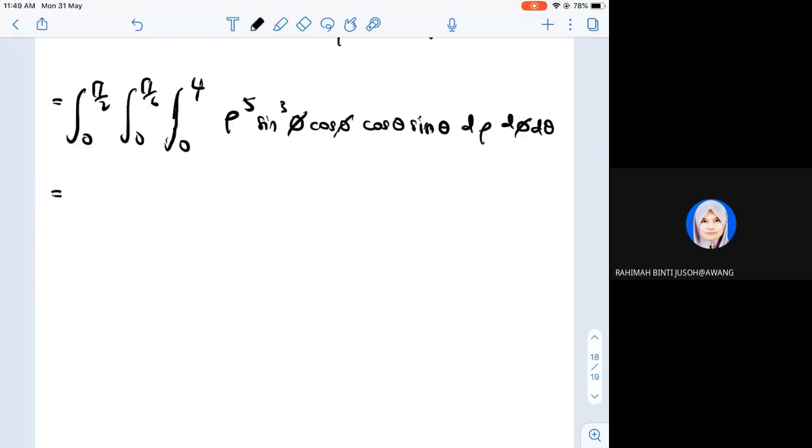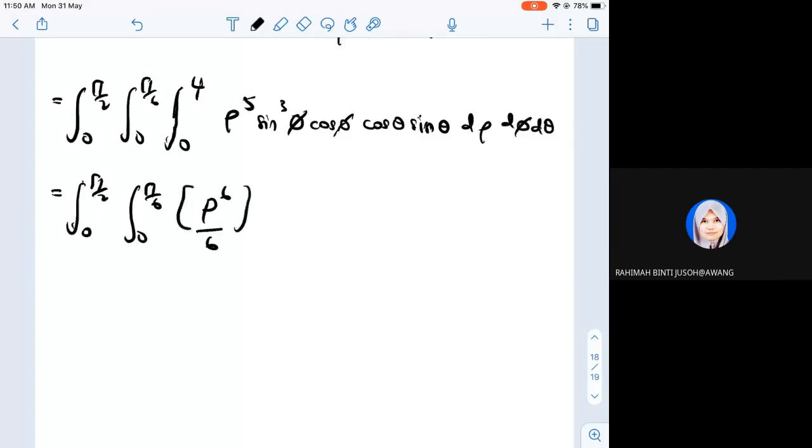Okay, so now, it's long. We have 0 until pi over 2, 0 until pi over 6. So rho to the power of 5 becomes rho to the power of 6 over 6, substitute 0 until 4.